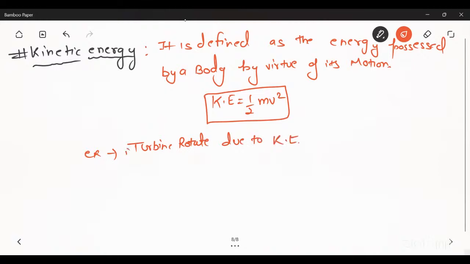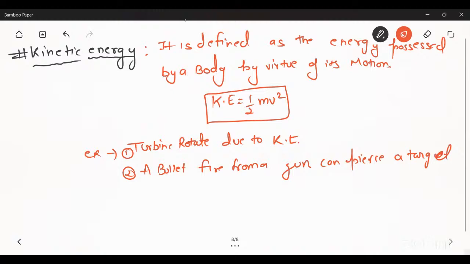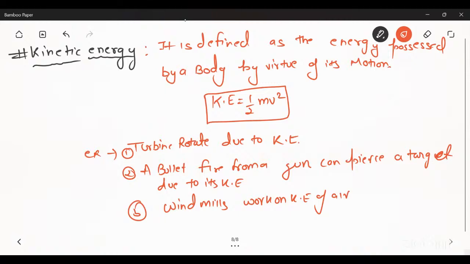Next, a bullet fired from a gun can pierce a target, meaning break a target, due to its kinetic energy. Next thing was windmills work on the kinetic energy of air. So all those are examples of kinetic energy.